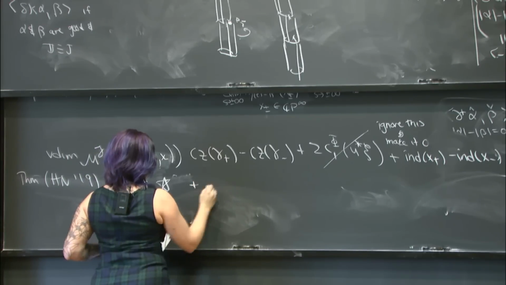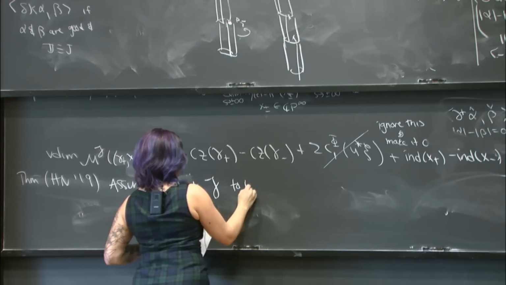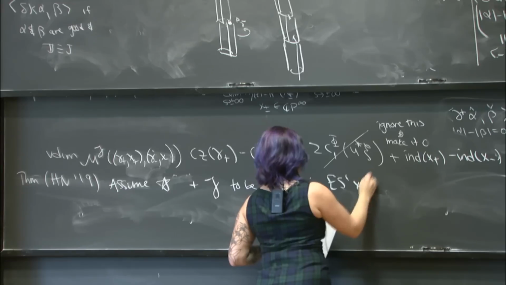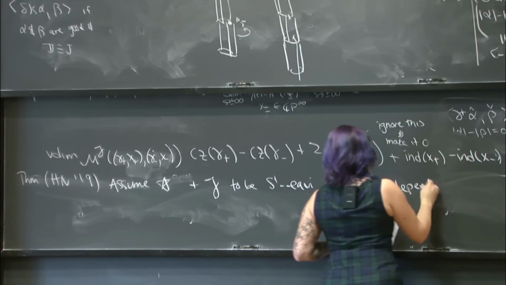Star plus, we now want J to be this ES1 cross S1 dependent family.